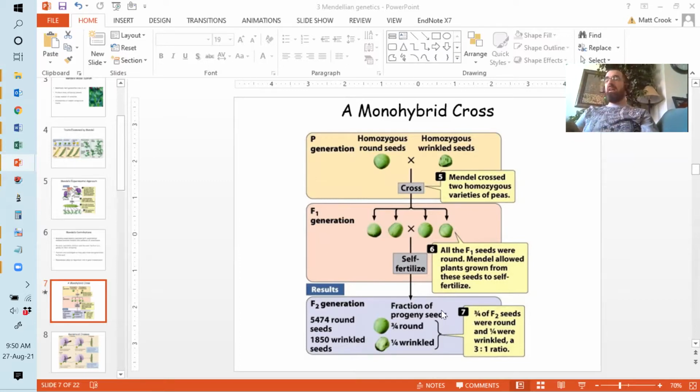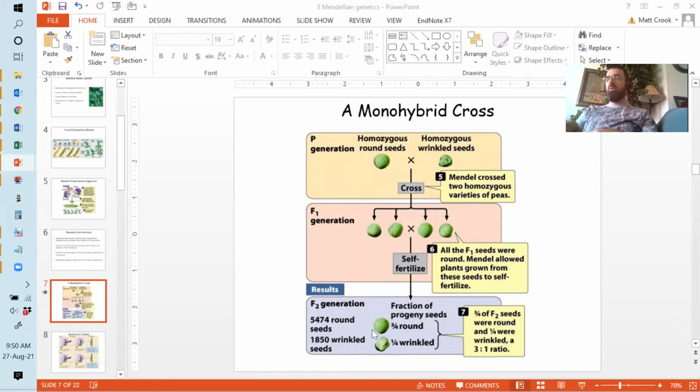ratio. Now, the good question from Rebecca, this is roughly 3 to 1. Now, because of just biological noise, you're never going to get exactly 3 to 1 dominant to recessive, but it should be pretty close. We'll actually get into how you can tell statistically whether that's close enough or not, right?